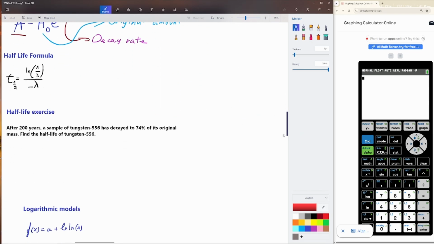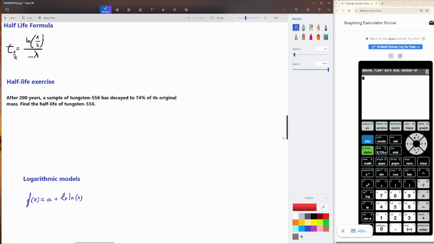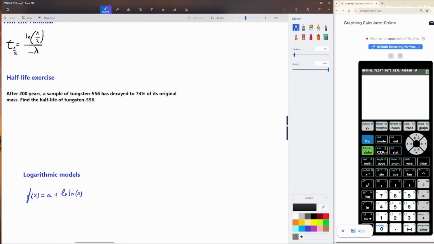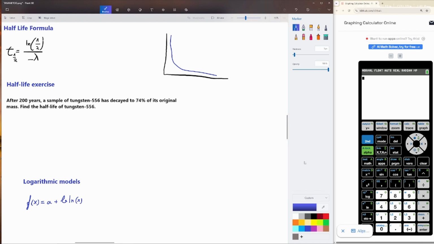So the half-life formula is also something that you have to know. So when we look at our function, I'm going to sketch out the function over here as well. Your function, when you're looking at decay, looks something like this. So what is the half-life formula? Let's say that your material is 100 grams.